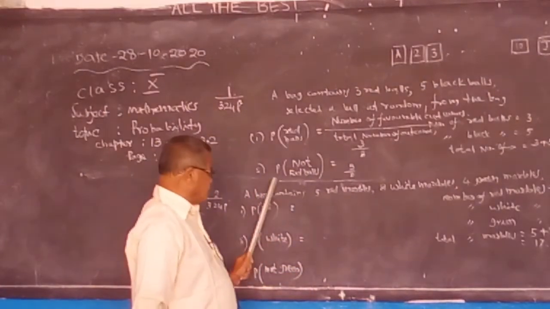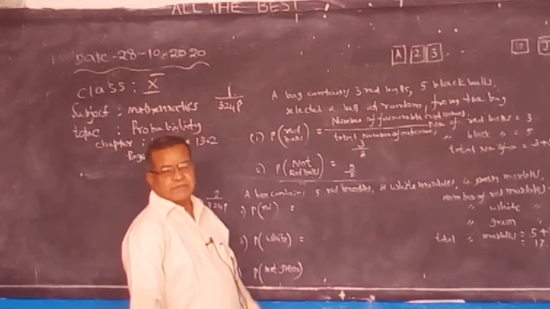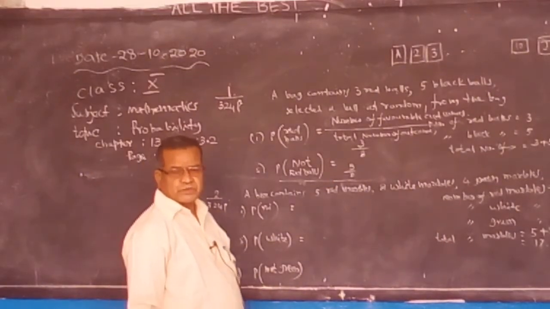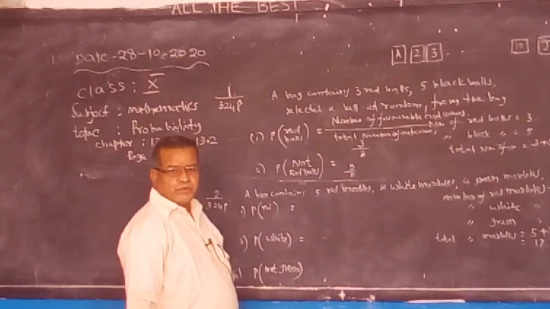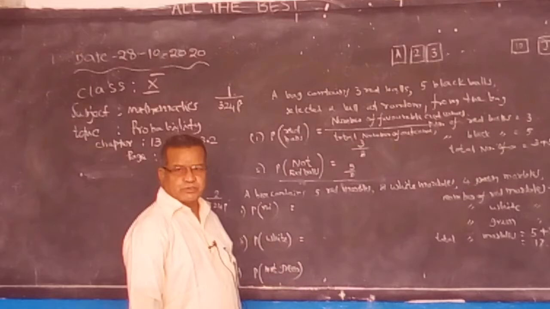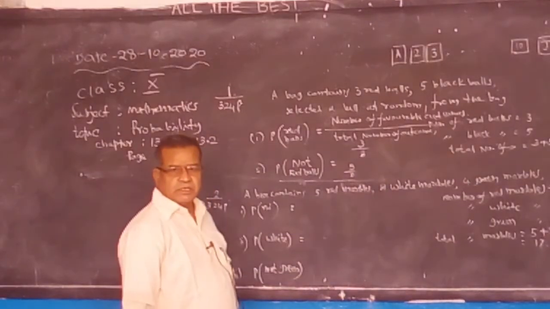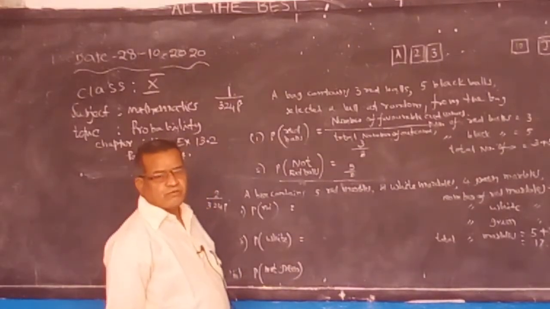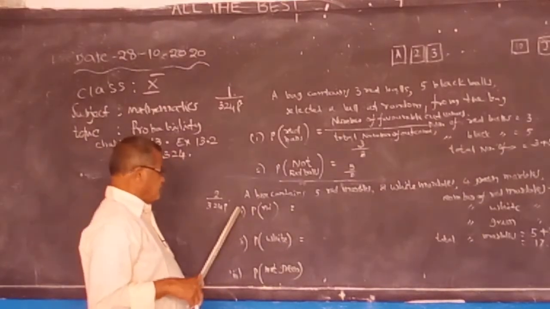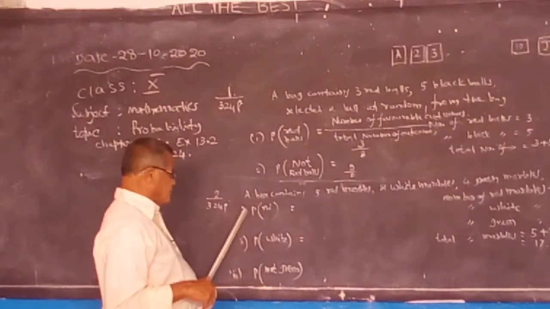Whenever a question is given, you have to write steps according to marks. If it is asked under objective type, you need not write steps. Directly you can apply the formula and solve. So here P stands for probability.